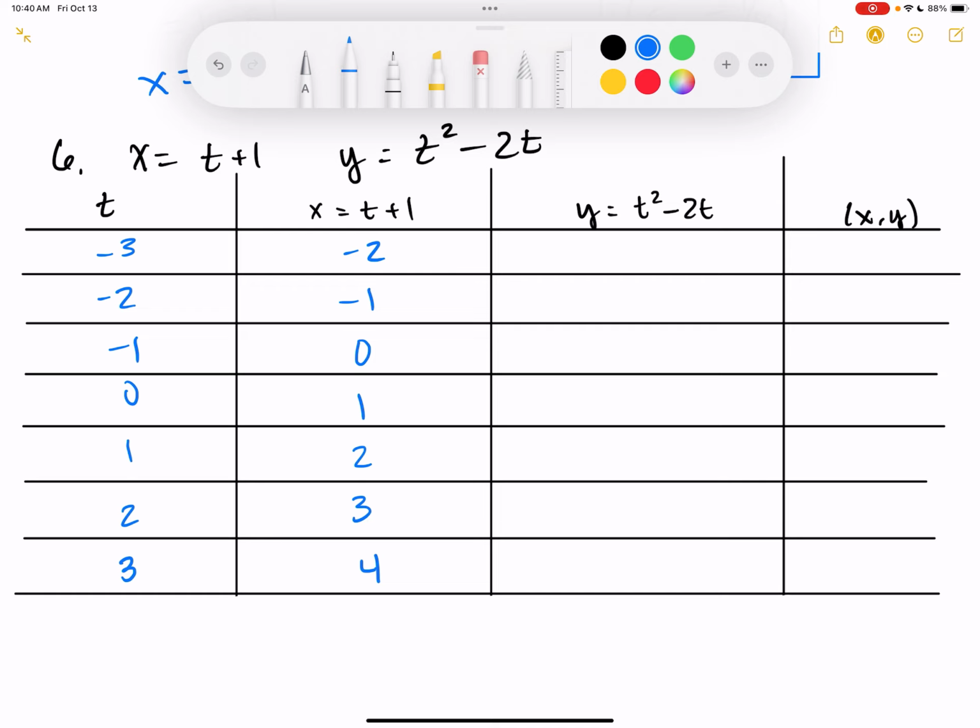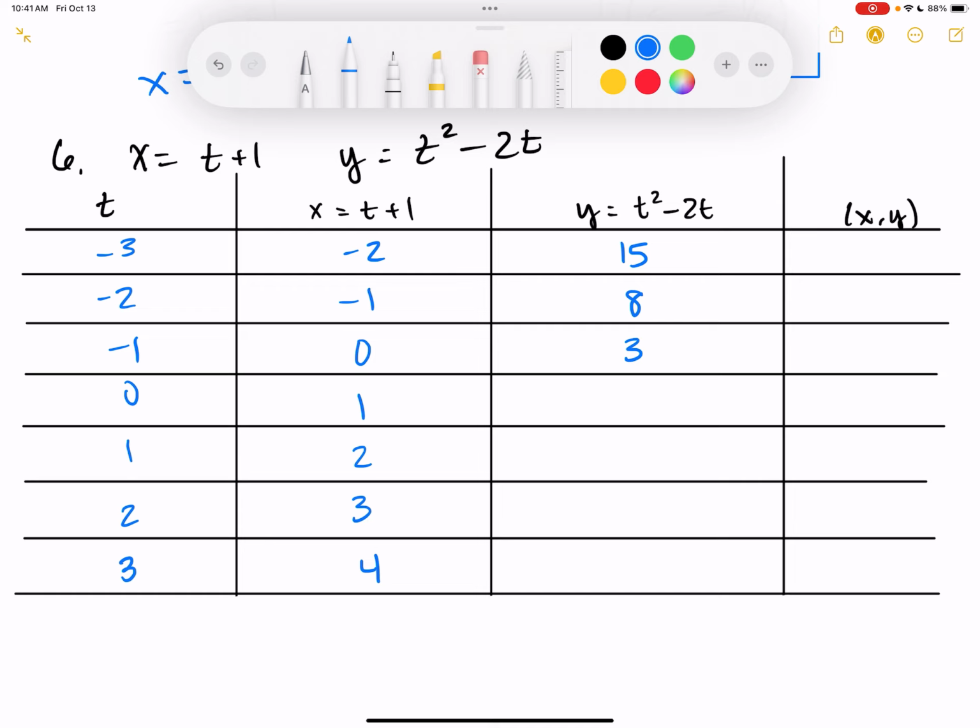And then for y, this one's going to take a little bit more thinking. Negative 3 squared is 9. And then plus 6, so 15. Isn't it minus 6? Well, it's negative 3, so negative 2 times negative 3 is plus 6. The one for 3 will be minus. So negative 2 squared is 4, plus 4, so that's 8. For negative 1, it's 1 plus 2, so it's 3.